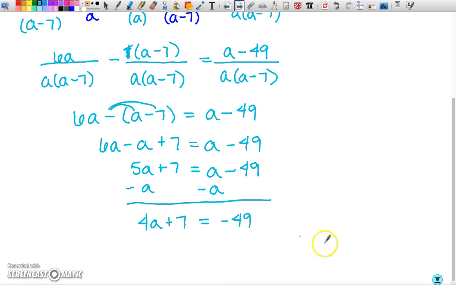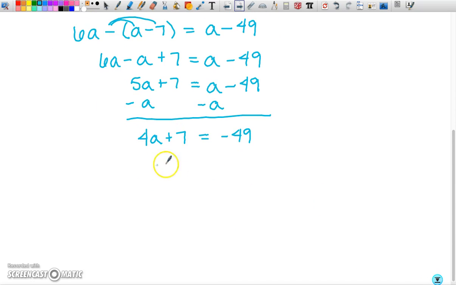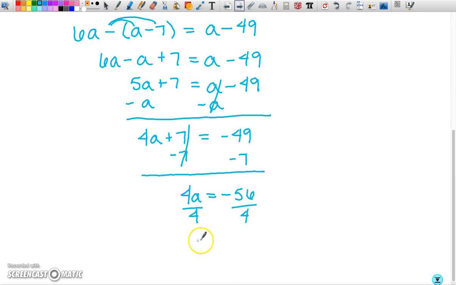And then I will subtract 7 to move all of the numbers to the other side of our equation. So this became a 0, this becomes a 0 here, so we get 4a equals negative 56. And then we divide by 4 to get a equals negative 14.